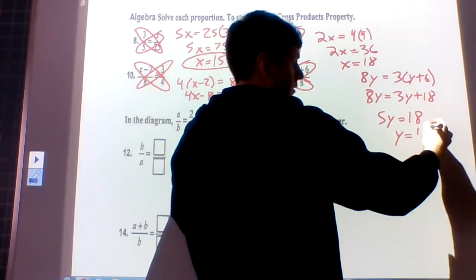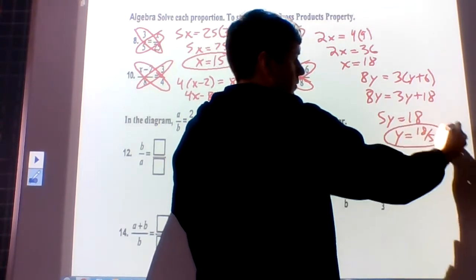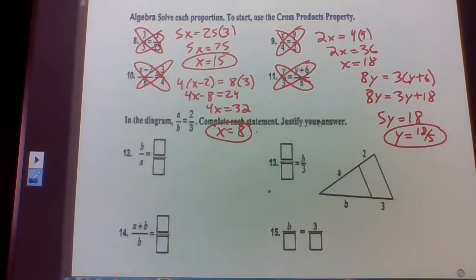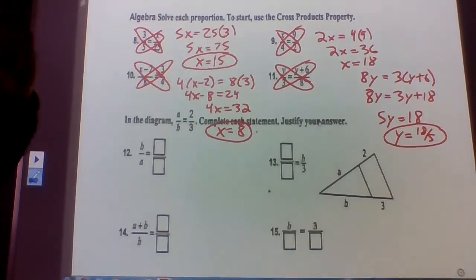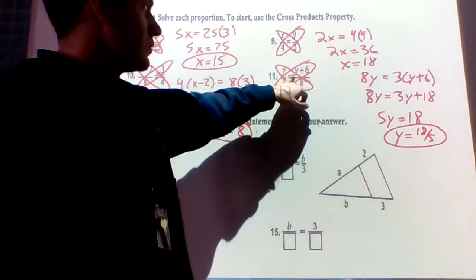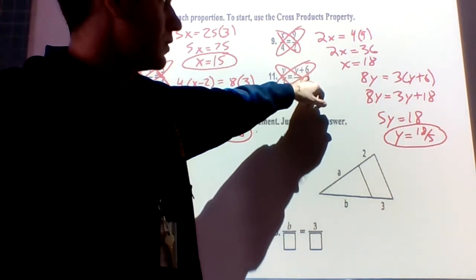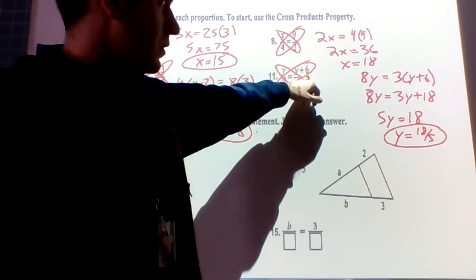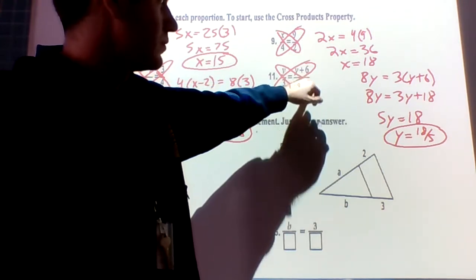Divide by 5, y is going to be 18 over 5. If you were to plug that back in, 18 fifths over 3, that's 18 over 15. And then you plug it in here, 18 over 5 plus, so that would be 30 over 5. So that is 48 over 5.